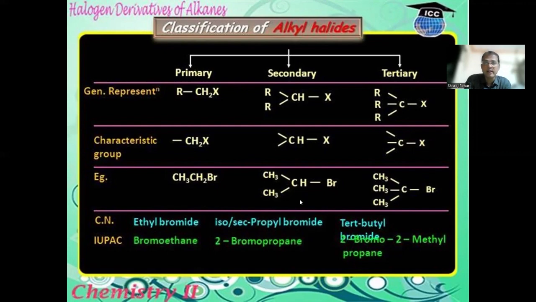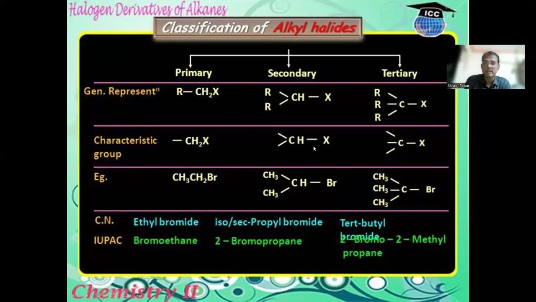Now, secondary alkyl halide, see, the carbon atom to which the halogen atom is attached is attached to two other carbon atoms, it is called as secondary alkyl halide. And where the carbon atom bearing the halogen is attached to three other carbon atoms, it is called as tertiary alkyl halide. Now, characteristic group of primary alkyl halide: halogen atom is attached to a carbon atom and only one valency is unsatisfied.